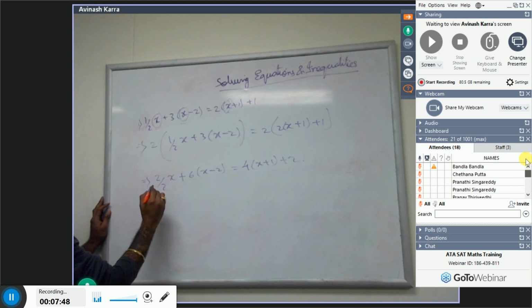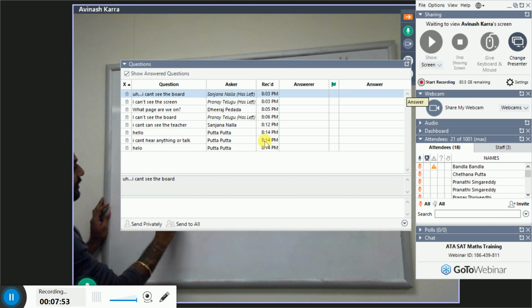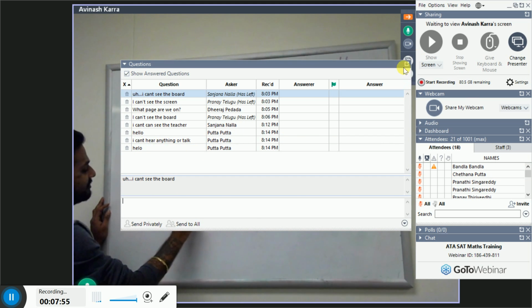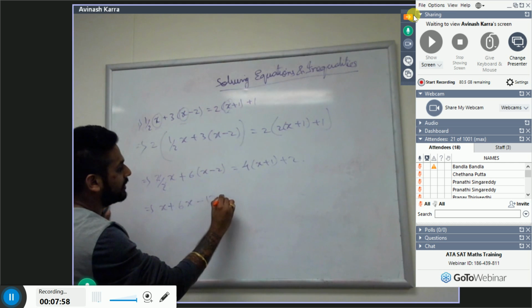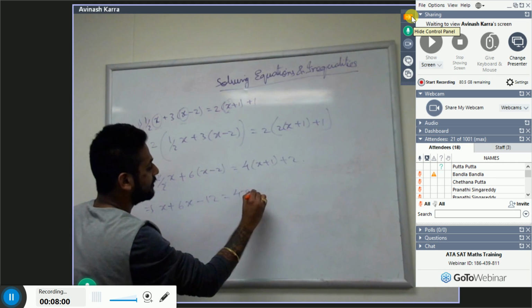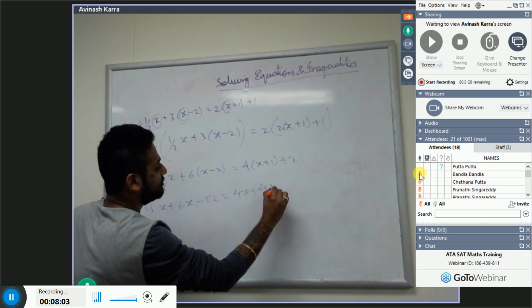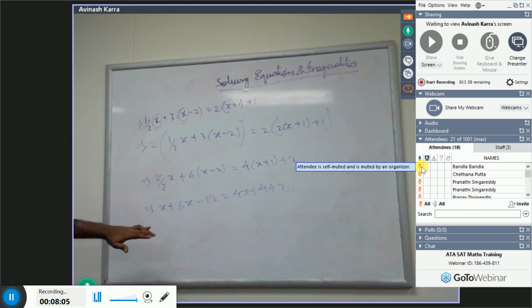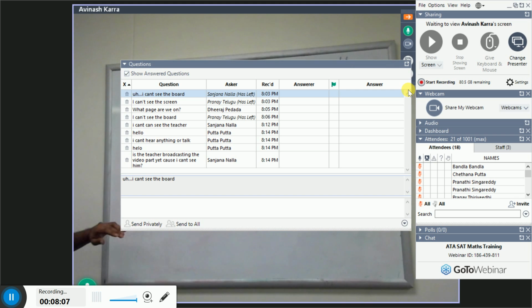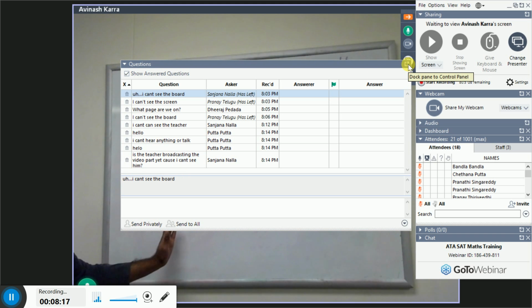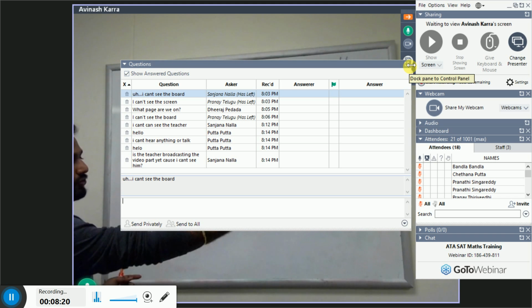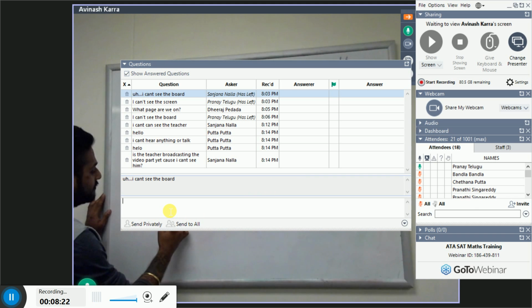So when I simplify this, what I get? 2 gets cancelled. It will be x plus 6 into x is 6x minus 12 is equal to 4x plus 4 plus 2. Now, once you get a standard simplified equation like this, where you have only variables and constants, try to move all the variables towards your LHS and all the constant values towards your RHS.